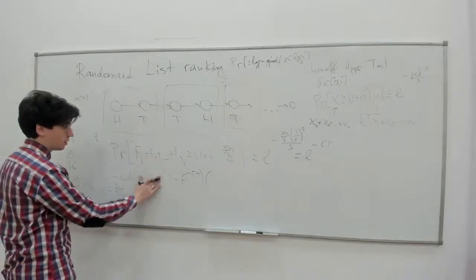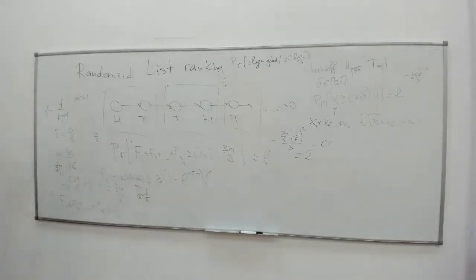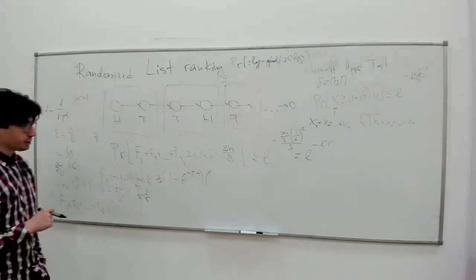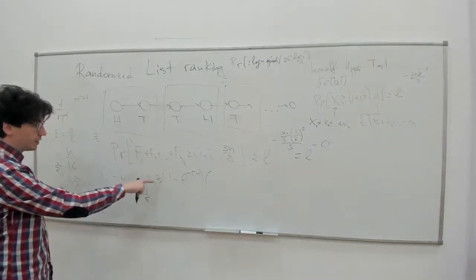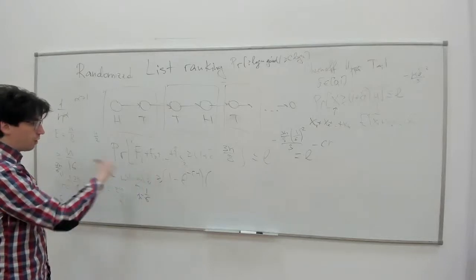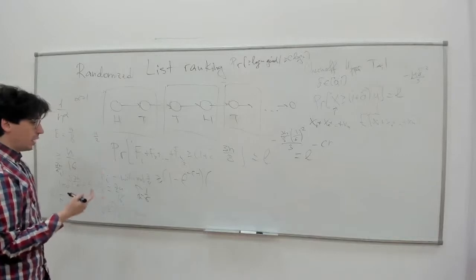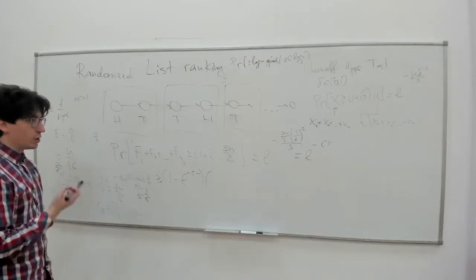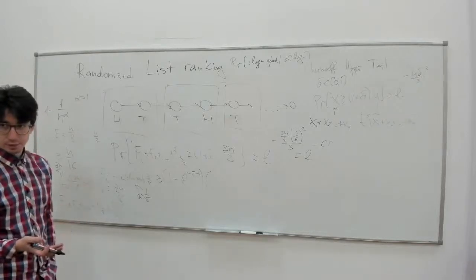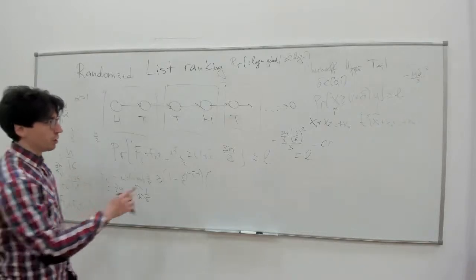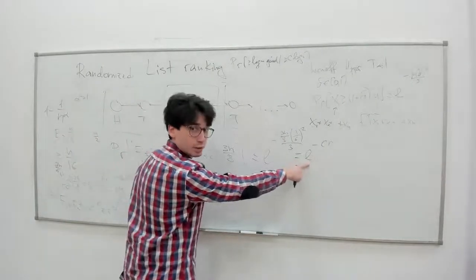I will prove that the probability is good. I want to calculate with what probability I will always be successful. So this means the first one is successful with the probability of 1 minus this thing.